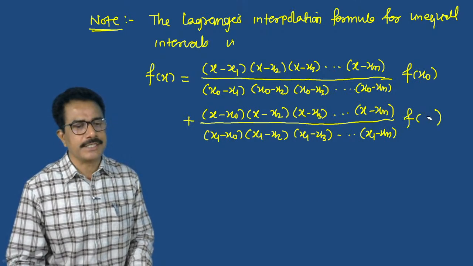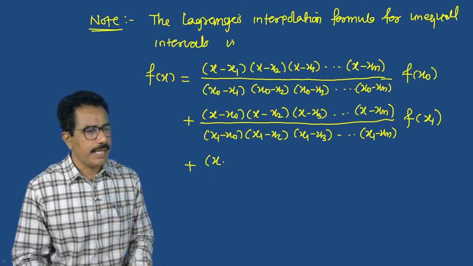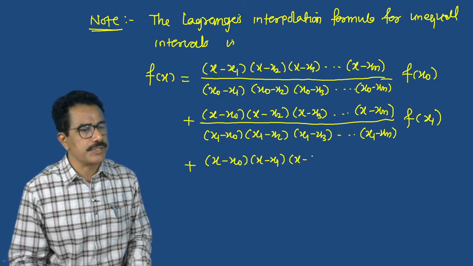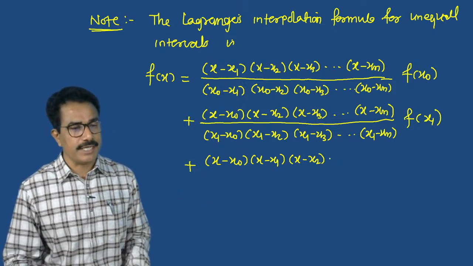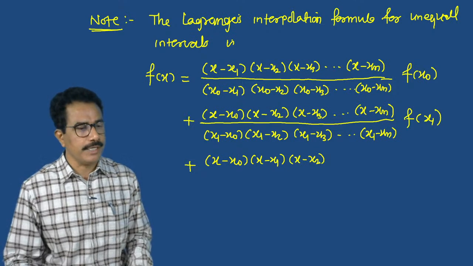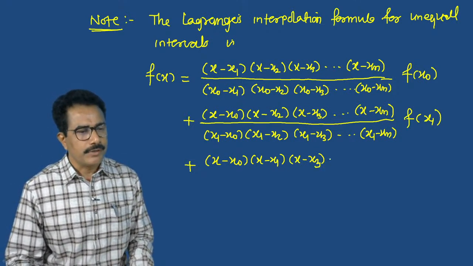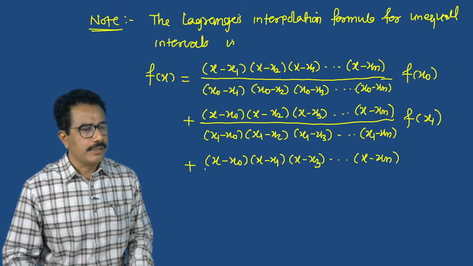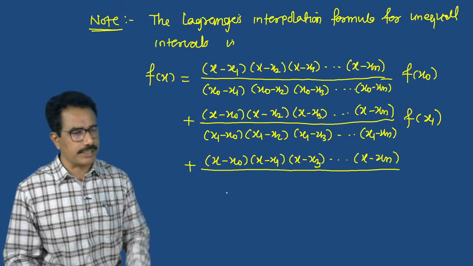ही टेक्निकली लक्षात ठेवा. थर्ड टर्म x minus x0 x minus x1 x minus x2, x minus x3 येणार नाही, आता x minus x4 येईल. हा x minus x2 येणार नाही, इथं डायरेक्ट x3 येईल dot dot dot x minus xn divided by, थर्ड टर्म येईल.